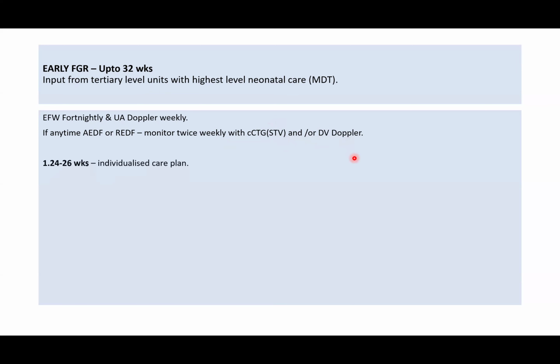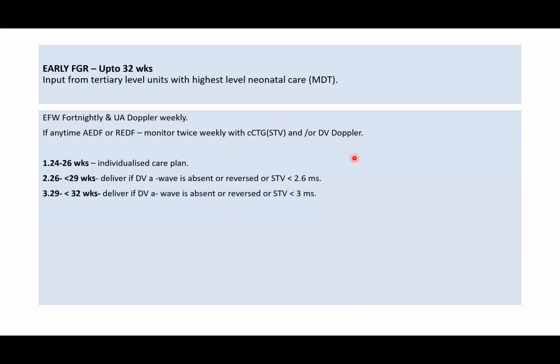Now, how about the monitoring and delivery? In early FGR up to 32 weeks, if the baby is between 24 to 26 weeks, there has to be an individualized care plan. So we have to take input from the highest level units, the tertiary level units, and coordinate with them.